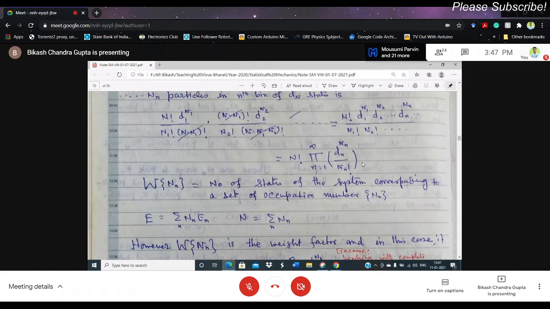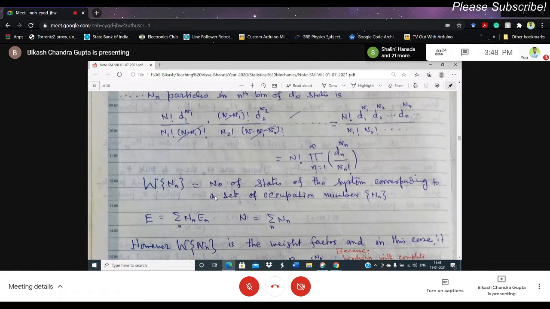Then probably you divided by something like n factorial, right? Probably that would also come into this picture, but we'll see when we will need it. I just remind you that in case of the Gibbs paradox, you resolve it by dividing by n factorial. So this is the kind of weight factor.